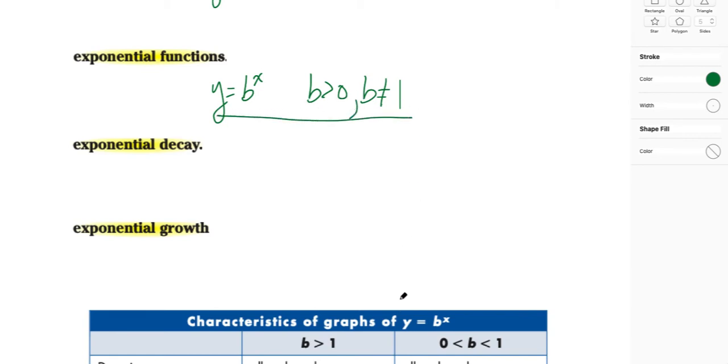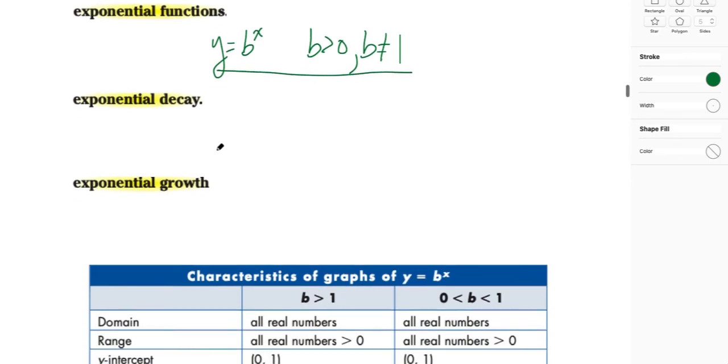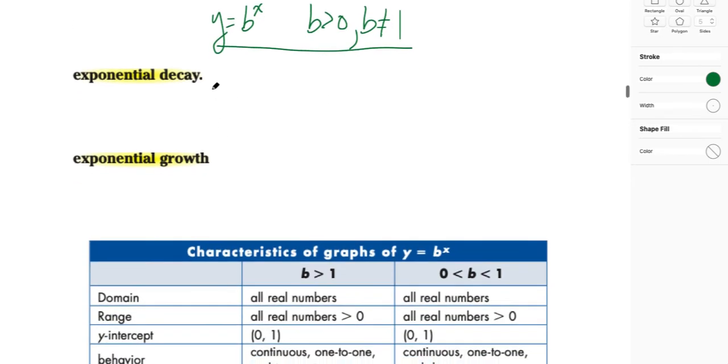We'll talk about the characteristics down here. Exponential decay: when you have something going down in its amount over time, this b value would be between 0 and 1. If we wrote it in interval notation, it would be somewhere between 0 and 1, not equaling 1, or we could write it like we have here.